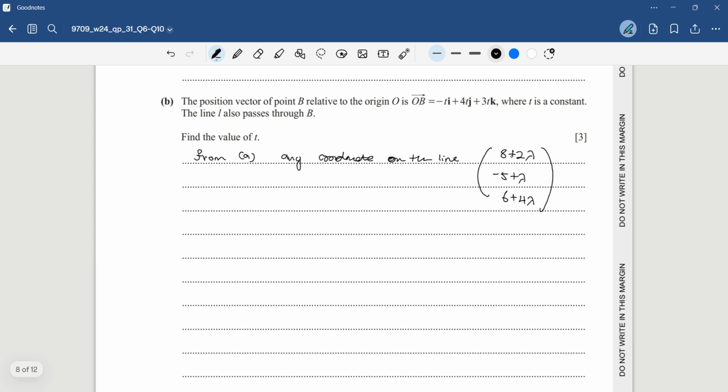This is any coordinate on the line, and B is given as (−t, 4t, 3t).